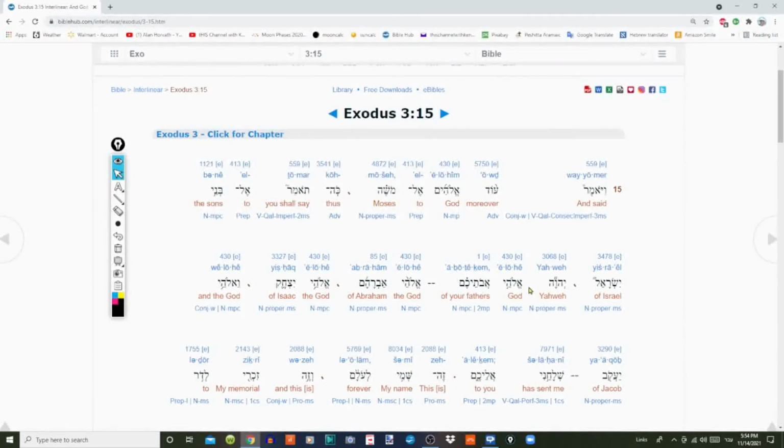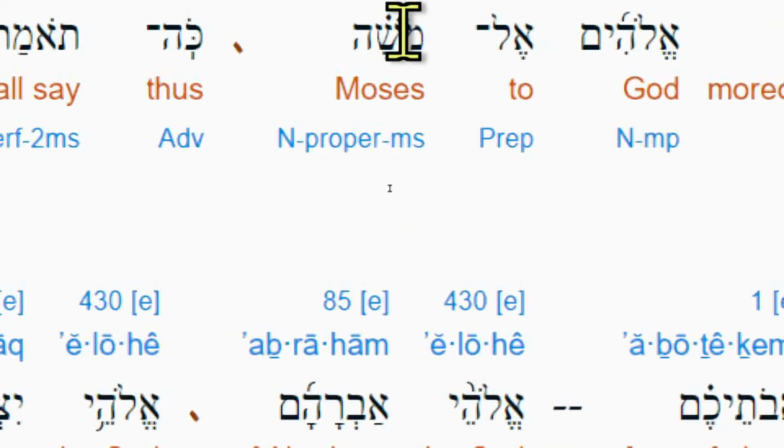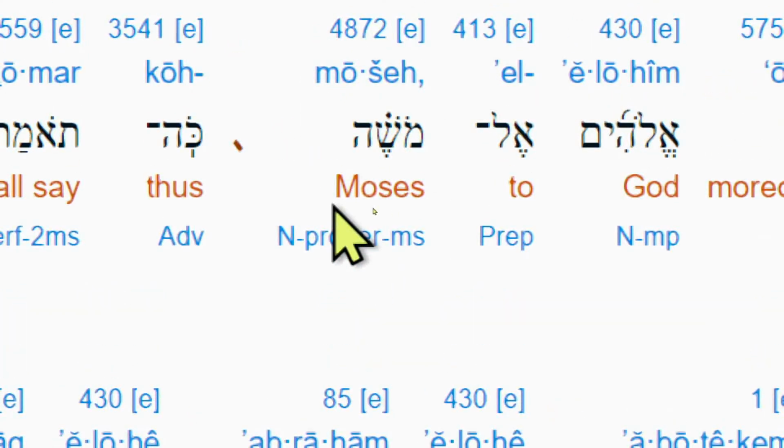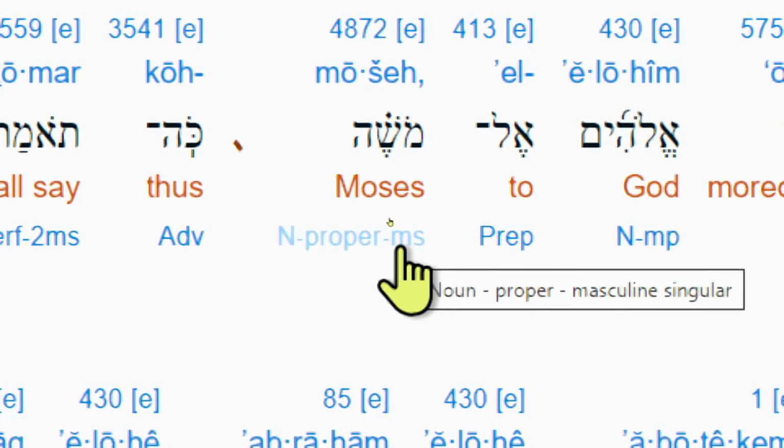And I wanted to specifically point out a time where our Father, Yah, is telling Moshe, his name is actually Moshe. Let me increase the screen. So that you can see, this is a mem with a cholam above it. So that is Mo.